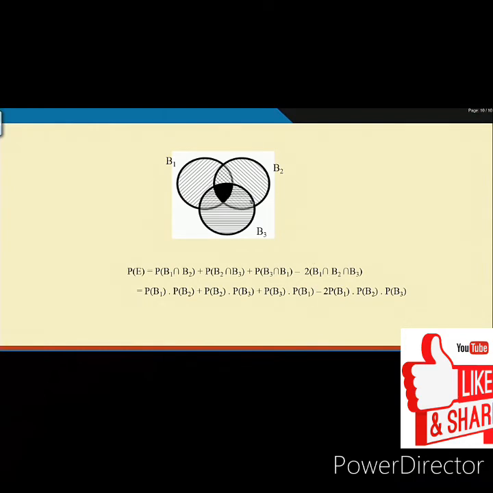When you take these, you are considering the overlap portion 3 times, so 2 times you have to subtract it, and this is your formula.